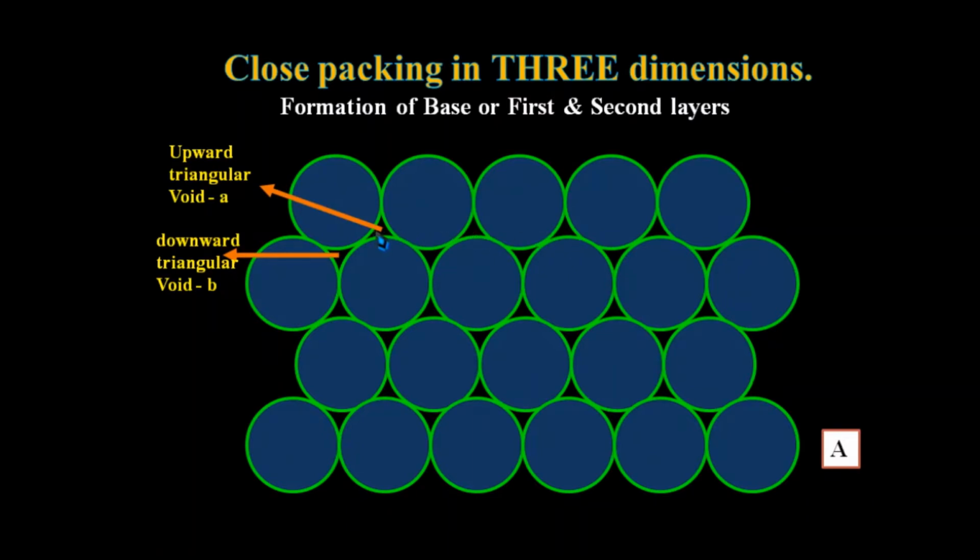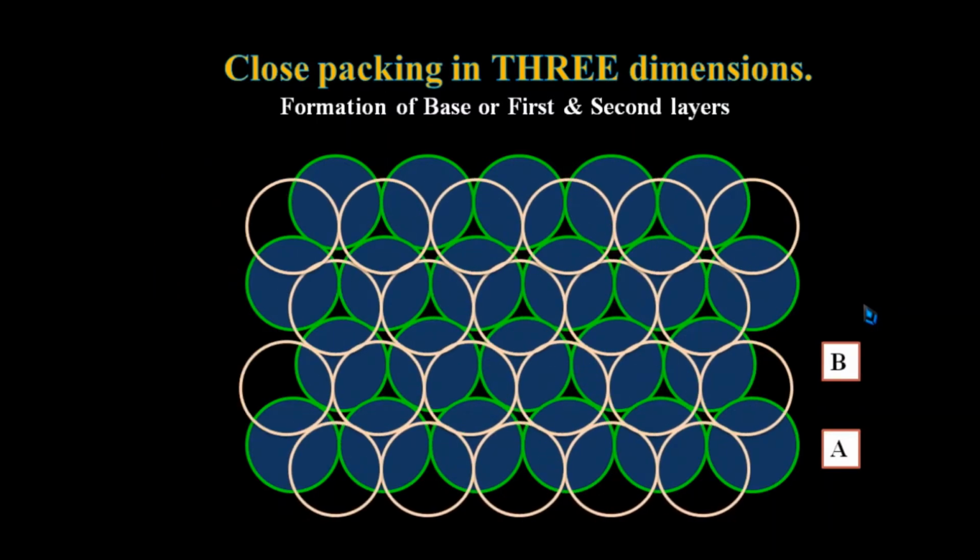That means the upward triangular voids are occupied by the spheres of the second layer like this, and we call this second layer layer B. These pink circles are the spheres of the second layer, and they cover the upward triangular voids. That means the downward triangular voids are unoccupied.